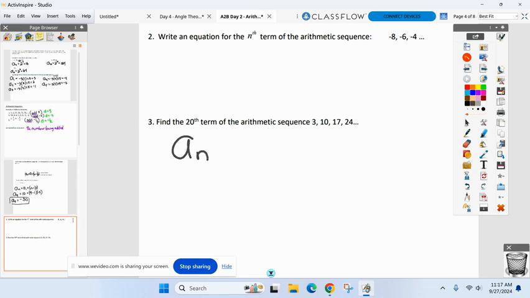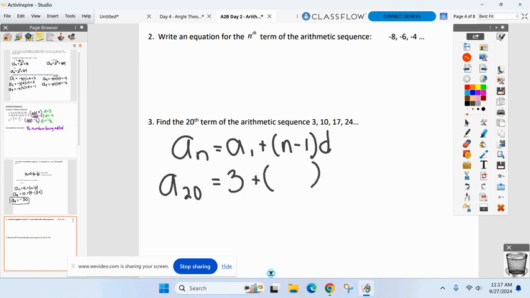So I start out with my formula. What are we plugging in for n over here? It's important that it's the 20th term and not the number 20, because we're finding the 20th term. What was the first term? 3. Everyone's good? 3 plus, what's going in for n here? 20, the number of terms, minus 1. Now you got to calculate the d value on your own. That's the common difference, what we're adding to every term, which is 7.